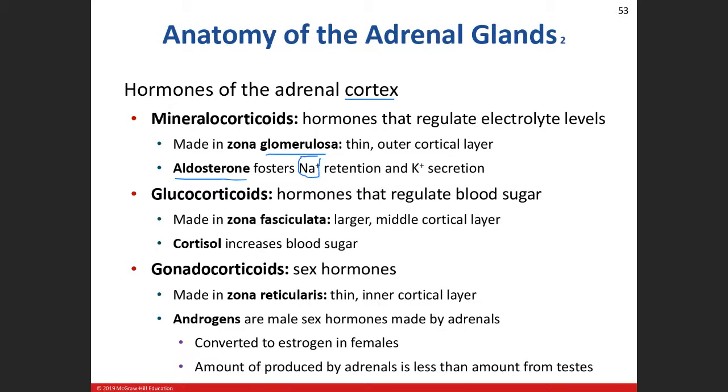The next type of hormone are your glucocorticoids. That's cortisol, the stress hormone. So cortisol is going to increase your blood sugar. So it's an antagonist of insulin. Insulin is the only hormone in your body that does what it does.